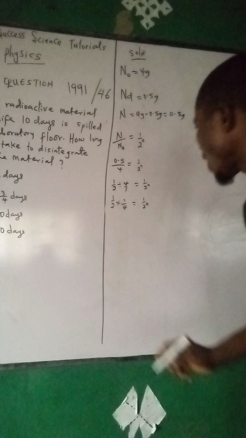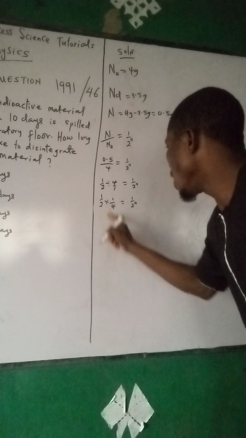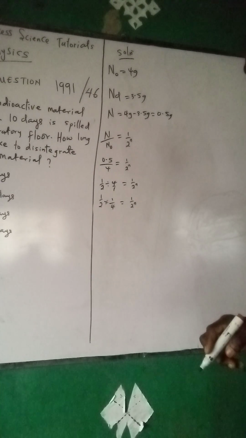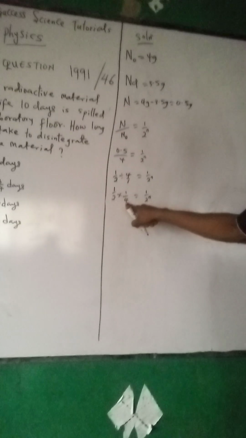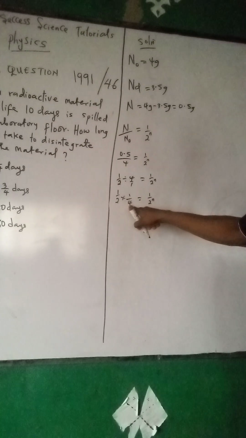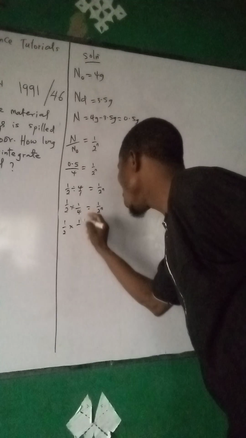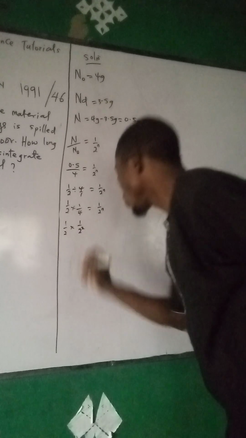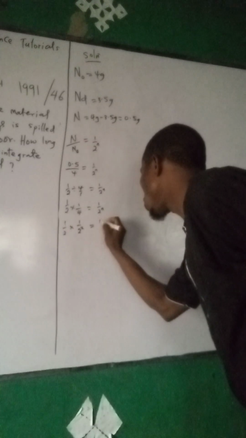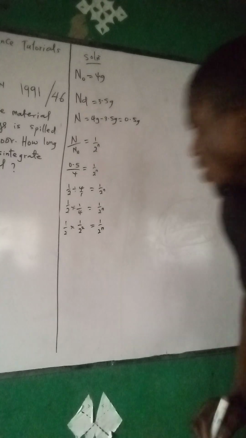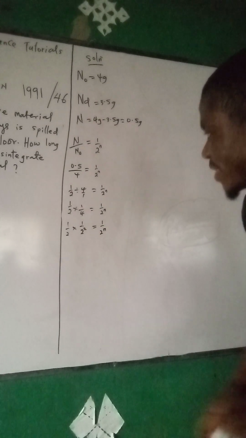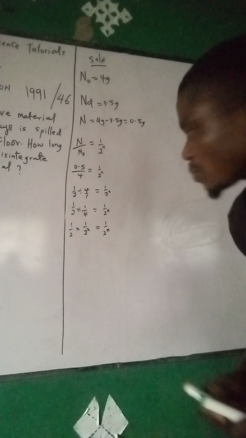Now let me change 4 to indices. So that should be 1 over 2 times 1 over 4, which is 1 over 2 power 2, equal to 1 over 2 power n. Now at this point I'm going to write the index form of these fractions.